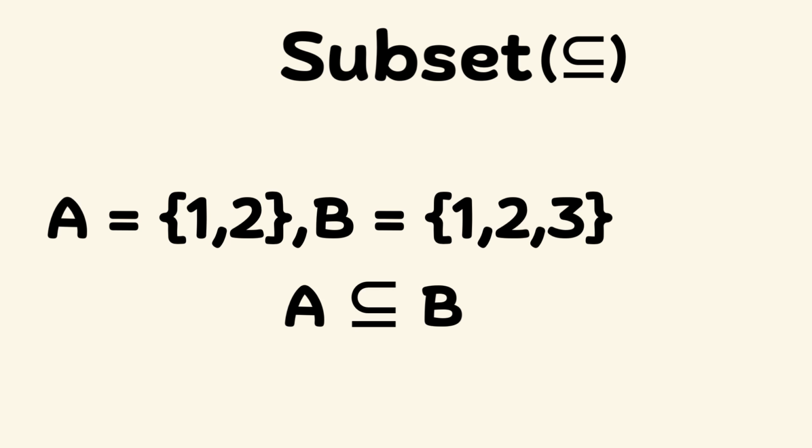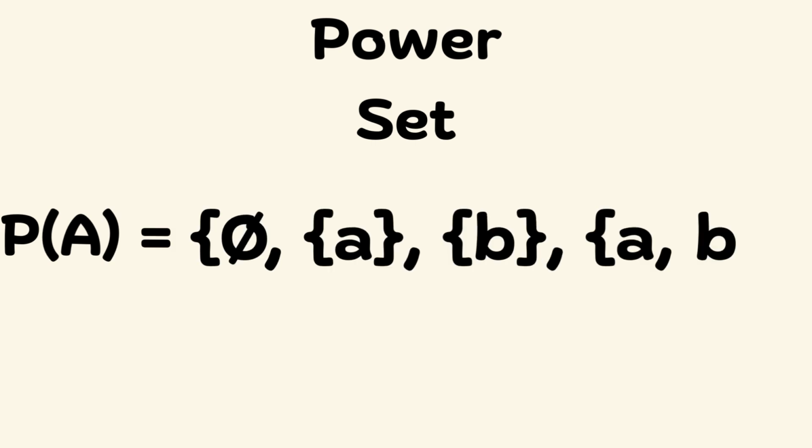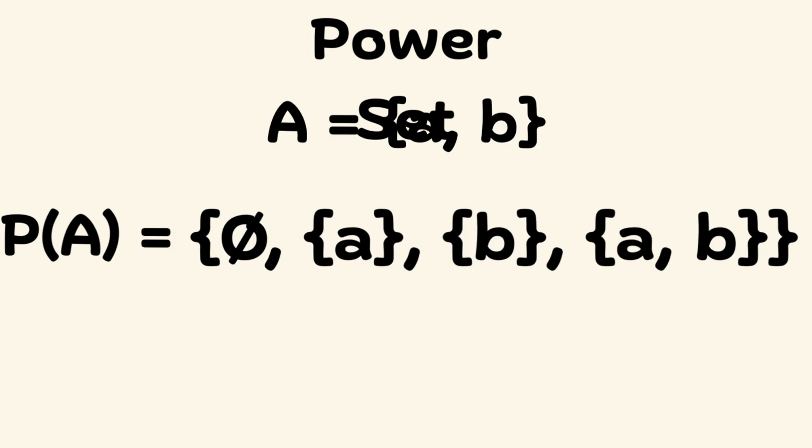So then we have something called the power set. The power set is the set of all the subsets of a set, all the possible subsets that any set can have.